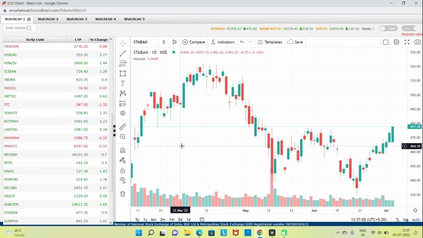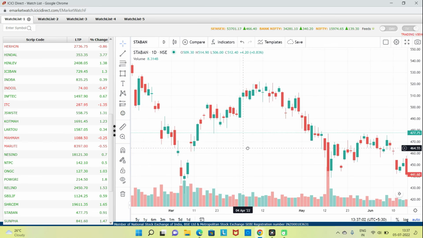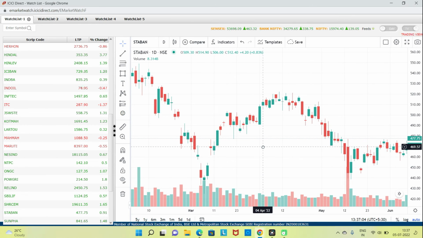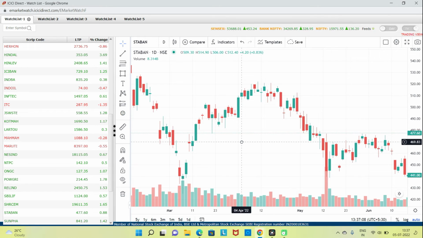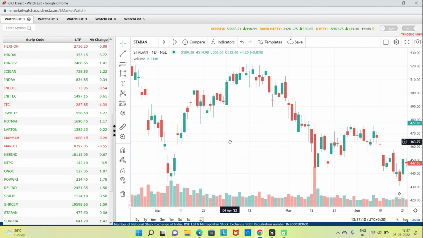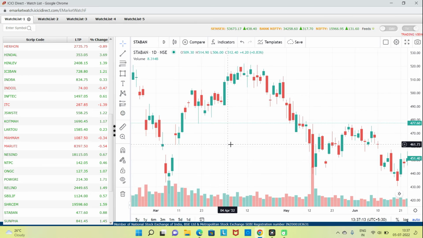Let me take the example of SBI. Let's see if we can find any shooting star on this. Yeah, you can find a shooting star here. After the price has moved up here, you can find a shooting star, and you can see the drop post that.